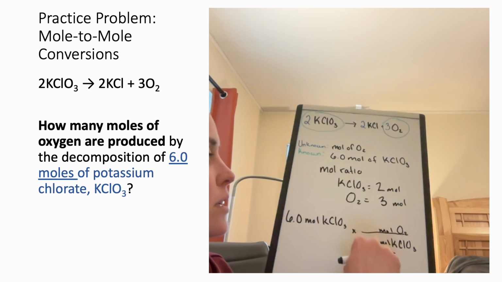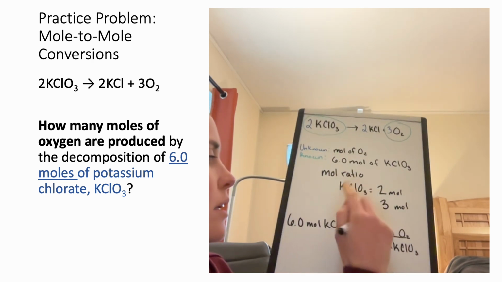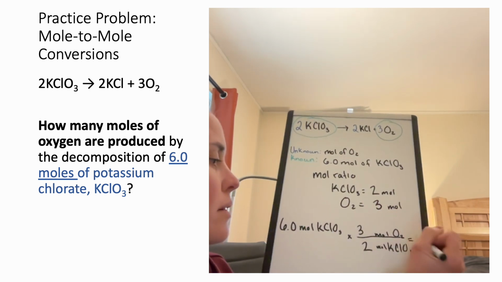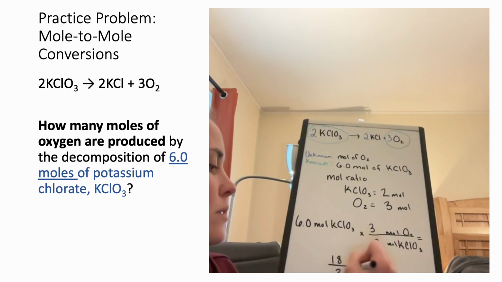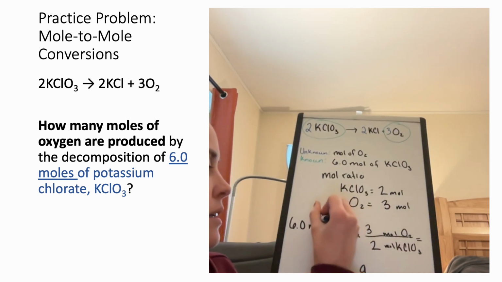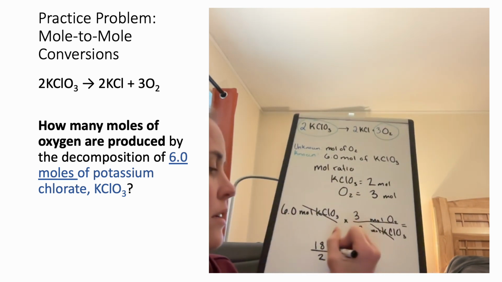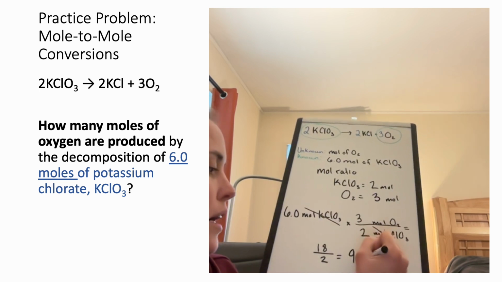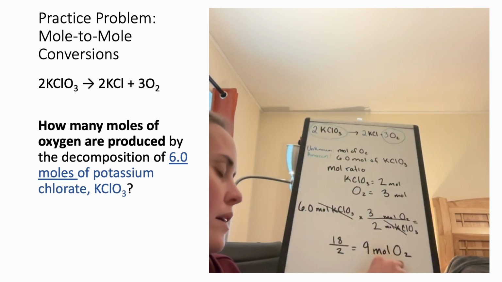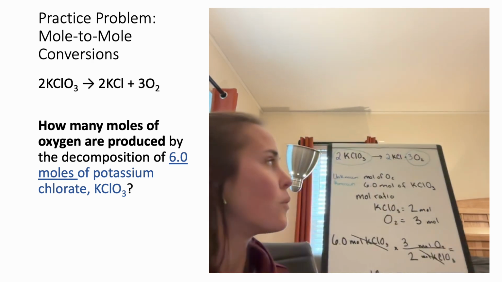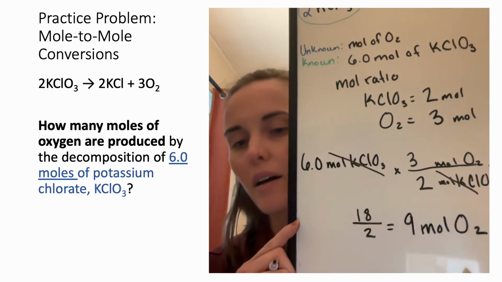We look at our ratio and say there are 2 moles of KClO3 and 3 moles of oxygen, and then we just do the math. 6 times 3 is 18 over 2, and that is 9. Cancel out our units. So this would have been 9 moles of O2. 9 moles of O2 would be produced specifically in this equation.